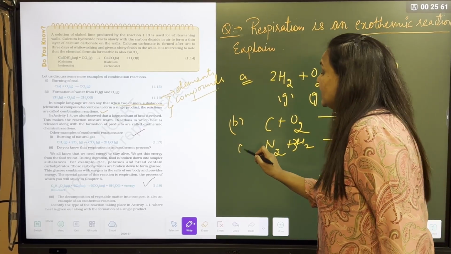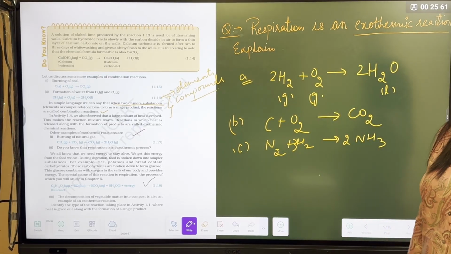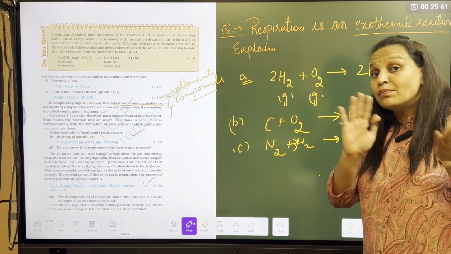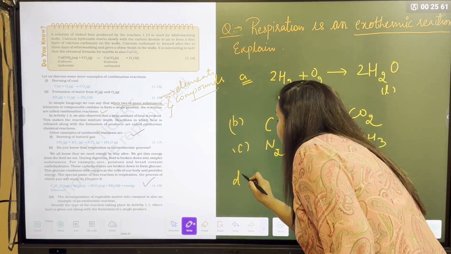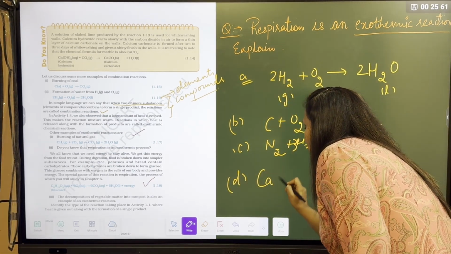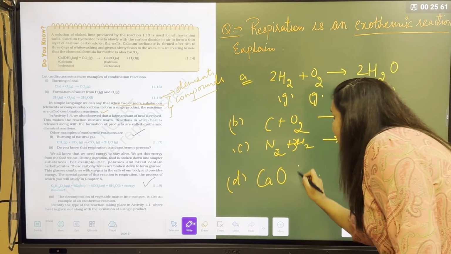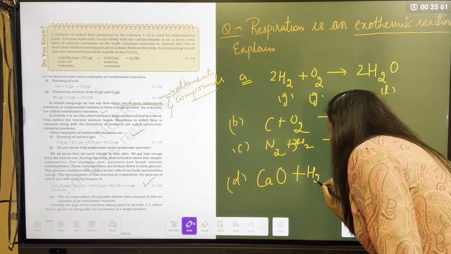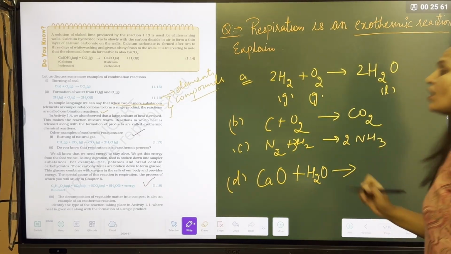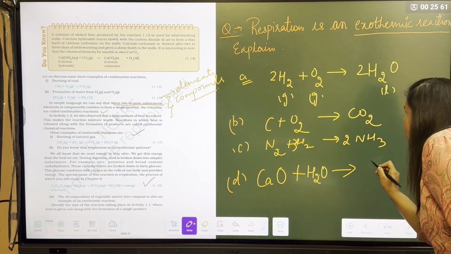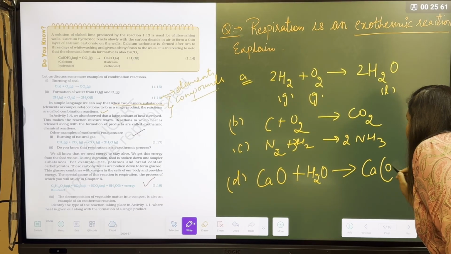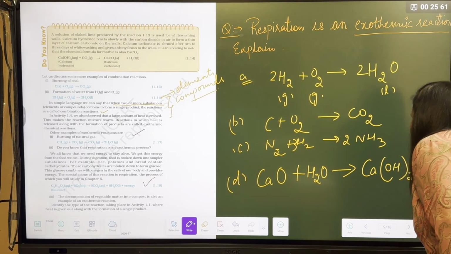But now these are all atoms combining. Can we write one equation where compounds combine? Yes. Calcium oxide. Do you know what calcium oxide is? Chuna, quicklime. When it is dissolved in water, it forms slaked lime, calcium hydroxide.